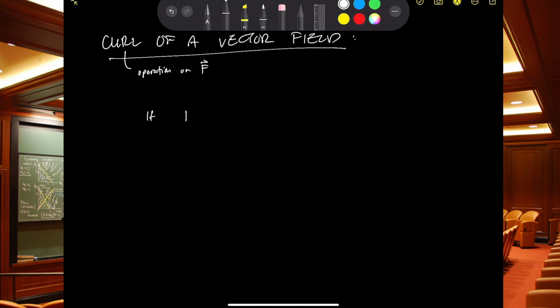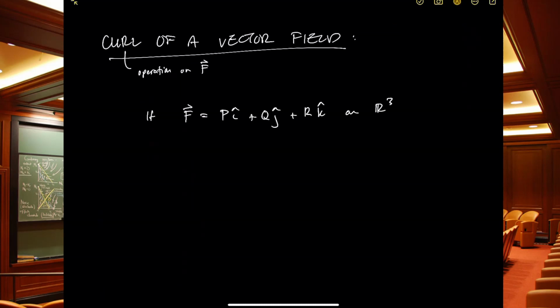So if we have that big F as a vector field assigning a vector to each point, and we know that the partials of P, Q, and R all exist.